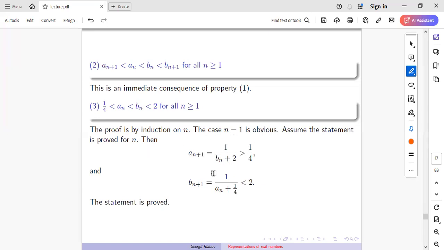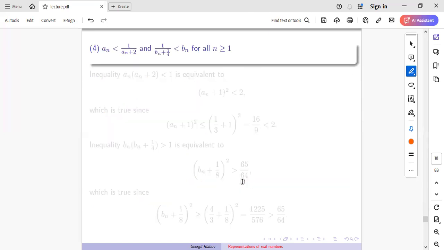And now by induction, An plus 1 is 1/(Bn plus 2), Bn is less than 2, so An plus 1 is bigger than 1/4. And similarly, An is bigger than 1/4, so Bn plus 1 is less than 2. And this is similar to when we proved that 1/4 and 2 are the smallest and largest nice numbers.